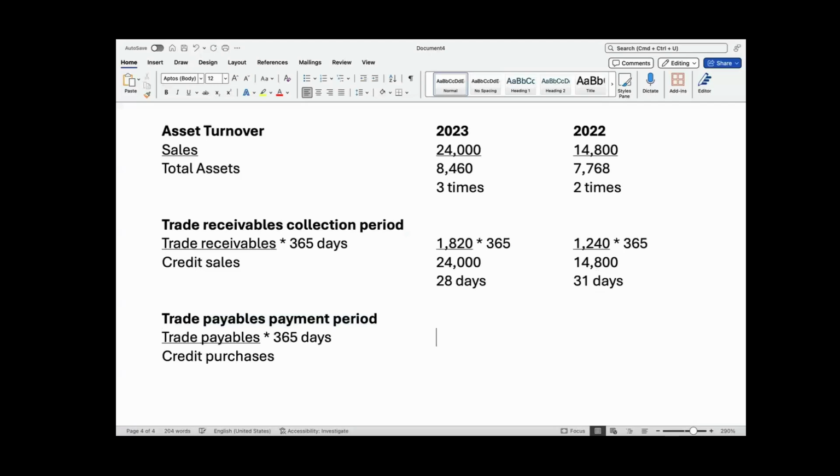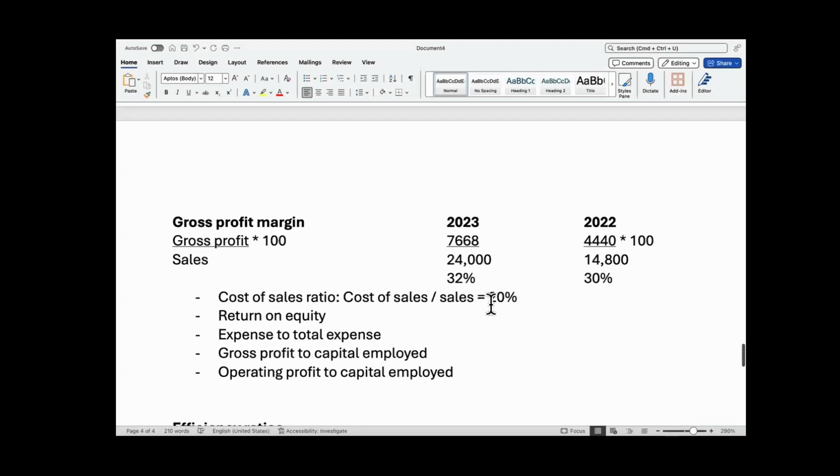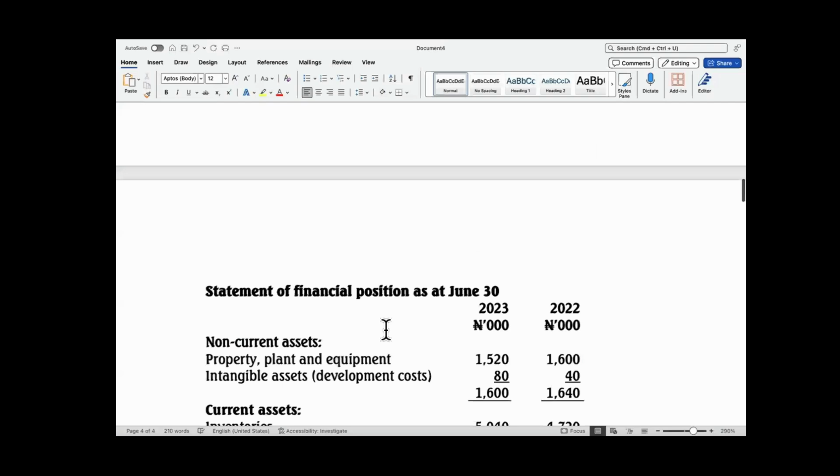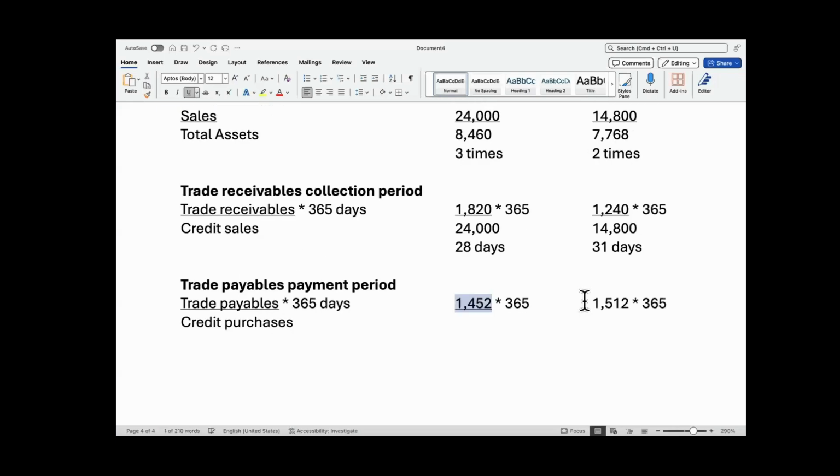What's our cost of sales? 16,332 in 2023. How about in 2022? How much? 10,360. Okay. So how many days?